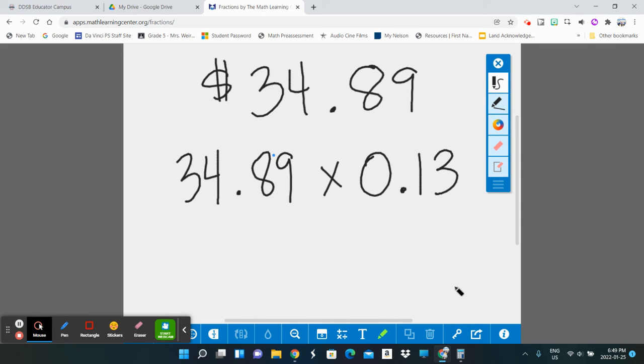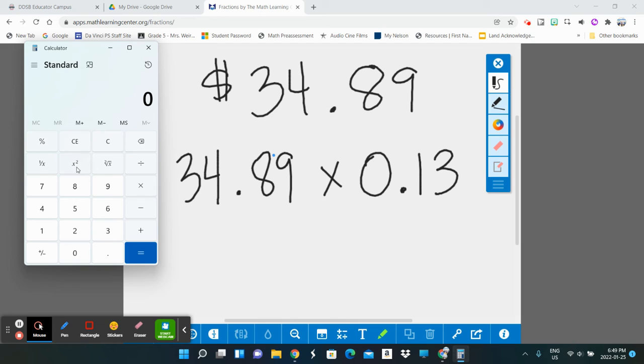So $34.89 times 0.13, and we get 4 and 5,357 ten-thousandths. And that makes your head hurt.